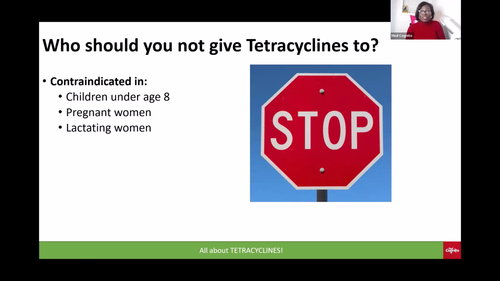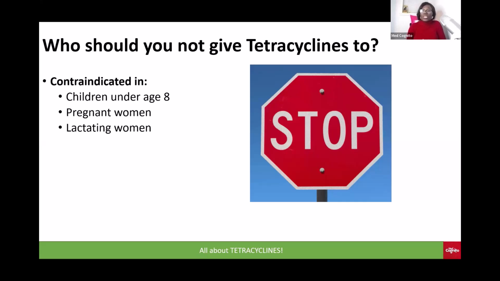So when you're giving it to a child under 8, tetracycline is going to slow the bone growth and is also going to stain the child's teeth and produce yellow-brown teeth discoloration. So that is why we are not going to give the child under 8 tetracyclines.